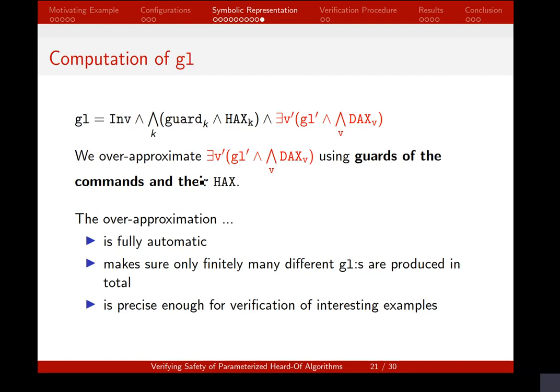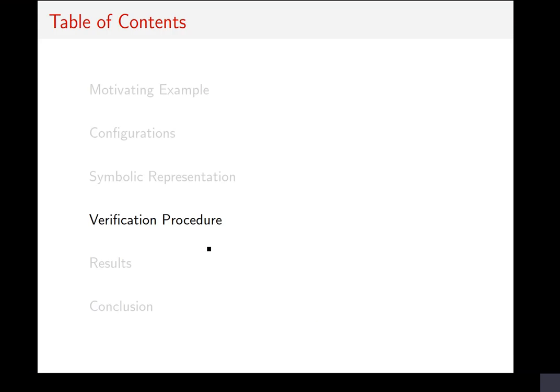This over-approximation is first of all fully automatic. We don't require any predicates given by the user. We use the predicates in the guards. Because it's a predicate abstraction, it makes sure that only finitely many GLs are produced. And our experimental results showed that this over-approximation is enough to verify interesting examples.